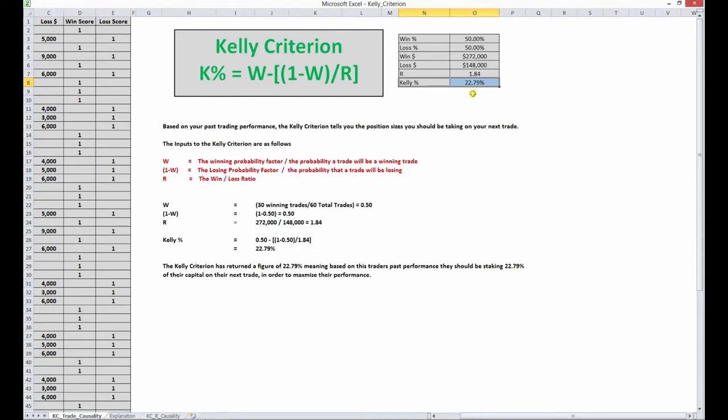So over 60 trades, this trader's got 50% of them right, 50% wrong. They've made 272 on their winners, lost 148 on their losers. The ratio between money made on winners and money lost on losers, 1.84. And the Kelly criterion says 23% of your money on the next trade.